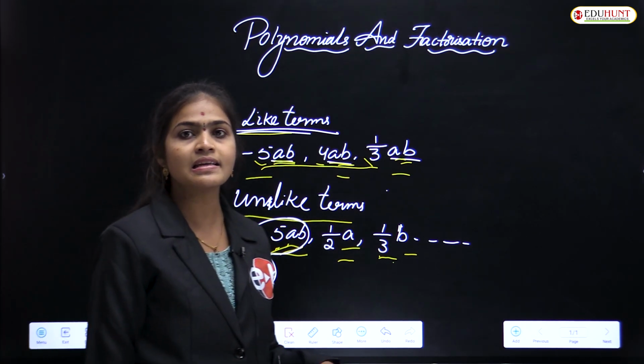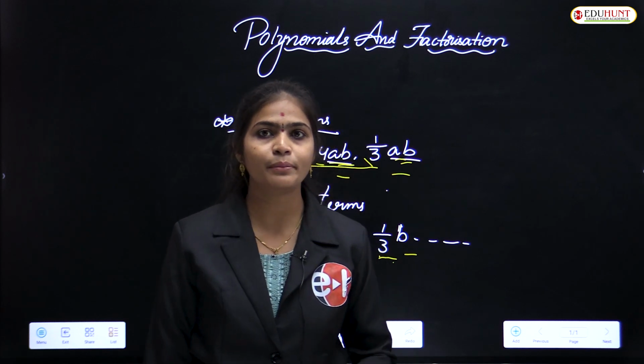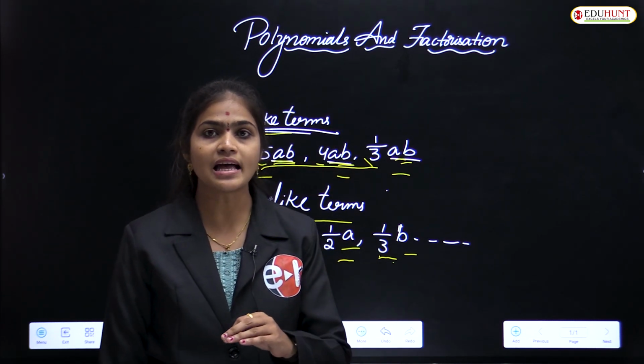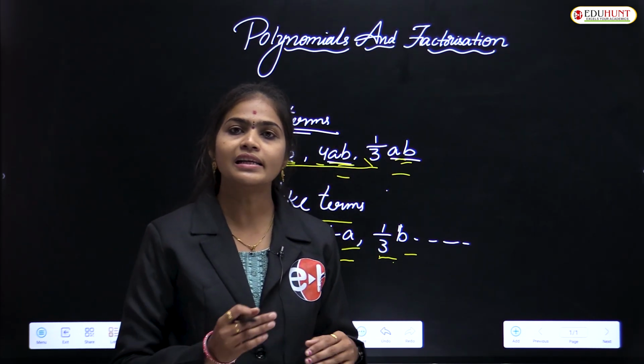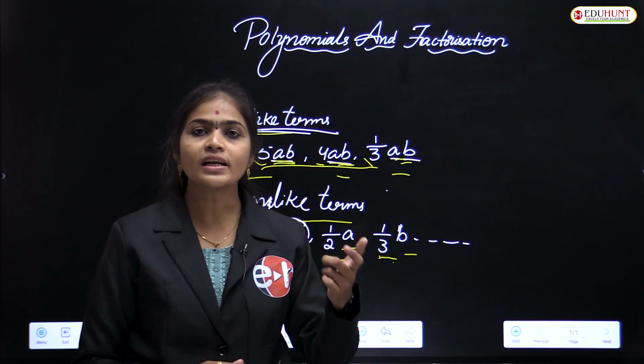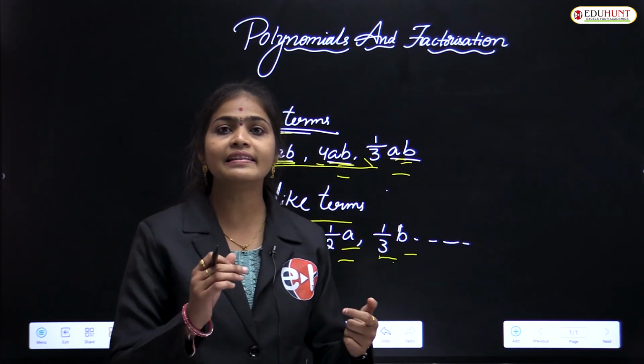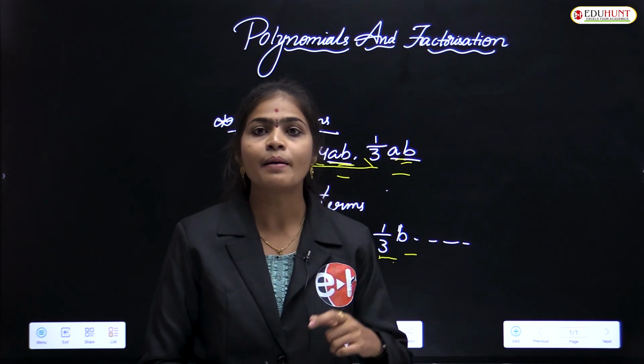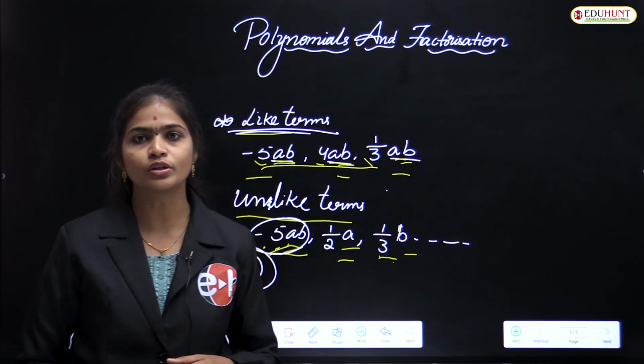My question is, in the term minus 5ab, the literal coefficients are what? Yes, ab are the literal coefficients. What is the numerical coefficient? In the term minus 5ab, minus 5 is the numerical coefficient.